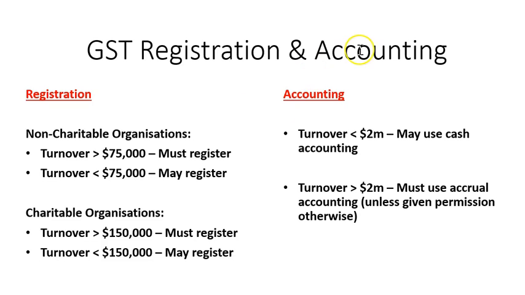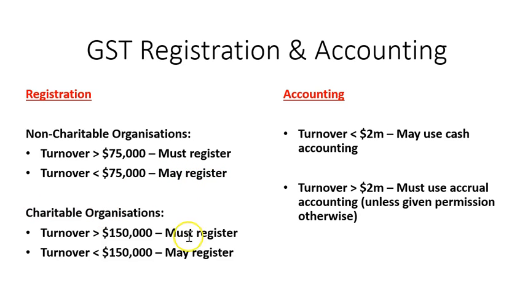So, GST Registration and Accounting. In terms of being required to register for GST, non-charitable organisations must register if the turnover is larger than $75,000. However, if it's less than $75,000, they still have the option to register if they'd like.